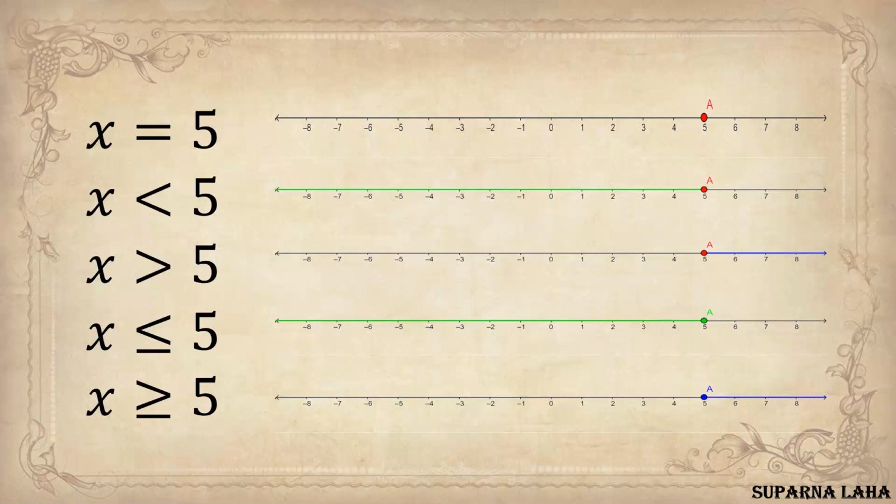Next you will find more than 2 variable also. So we need to solve some inequalities of 1 variable and 2 variable in this chapter, and we need to find the solution. So let's start with this 1 variable problem.